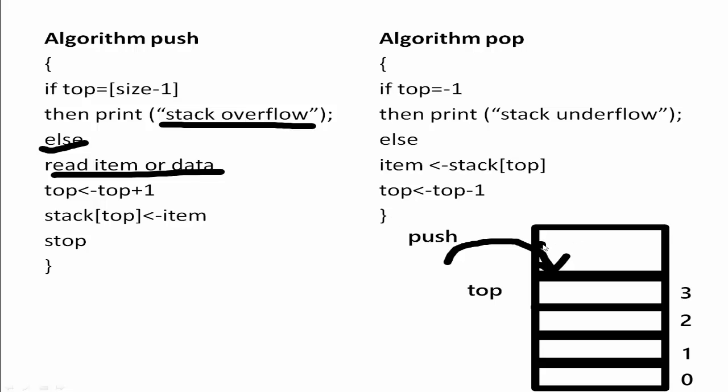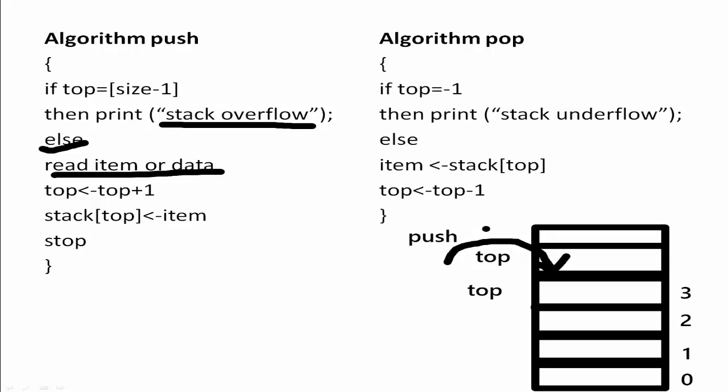By checking the condition, if the particular stack is not full, then you can insert an item into the stack. So you can insert the item at the stack top, and the top will be incremented. Like that you can keep inserting.